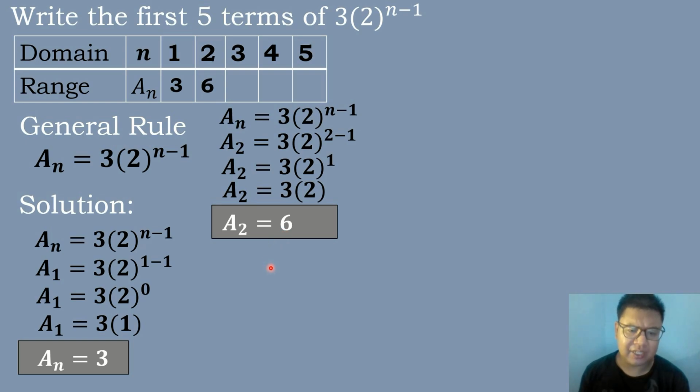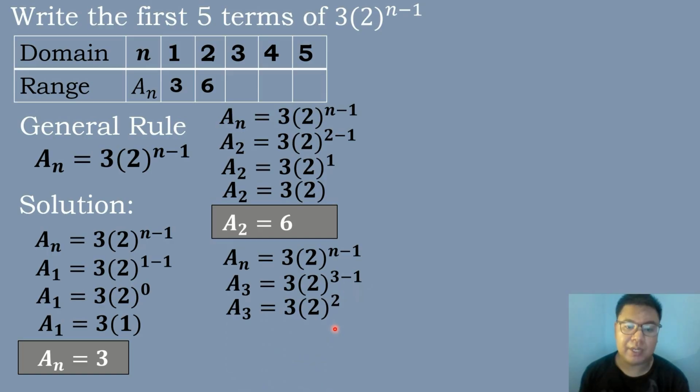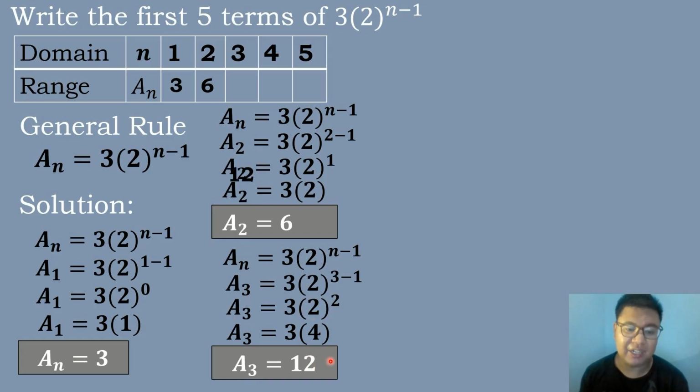Next, let's find the value of the third term. So a sub 3 is equal to 3 times 2 raised to 3 minus 1 power. 3 minus 1 is equal to 2. 2 to the second power is 4. And then 4 times 3 is equal to 12. So the value of the third term is equal to 12.